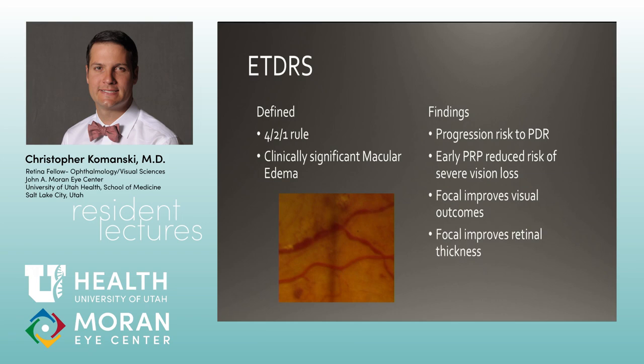This defined the 4-2-1 rule, and it defined clinically significant macular edema. Its findings included the risk of progression to PDR. It also found that early PRP reduced the risk of severe vision loss, focal definitely improves visual outcomes, and focal improves retinal thickness.